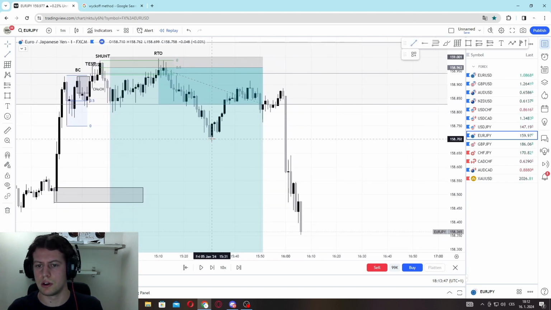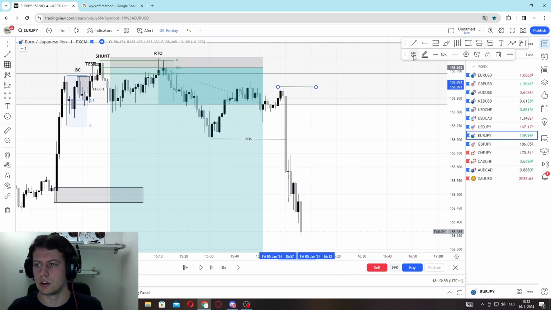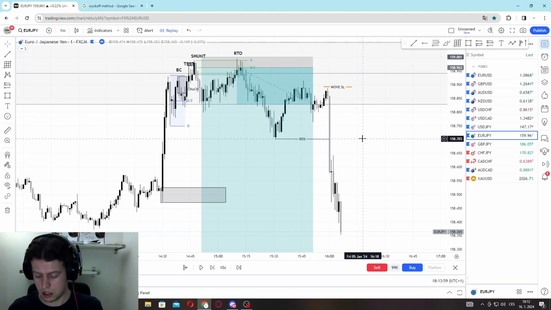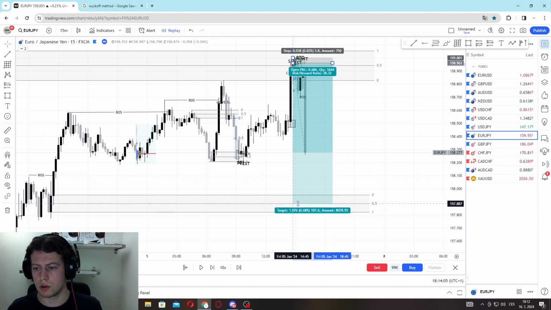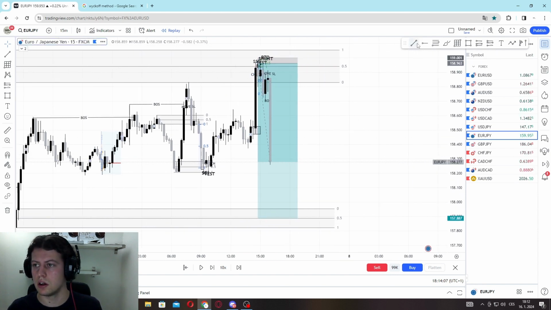Now you have a really nice safe break of structure. You move your stop loss right here, and now we will just see where it goes. Firstly, we will aim right here.